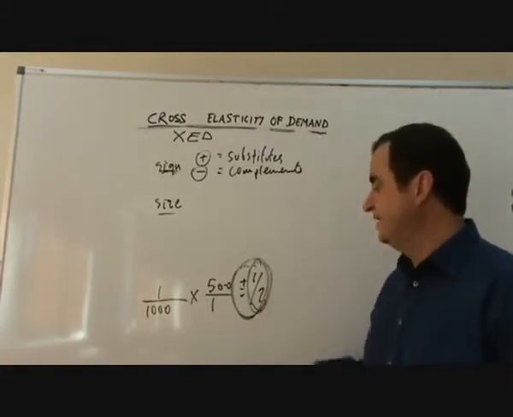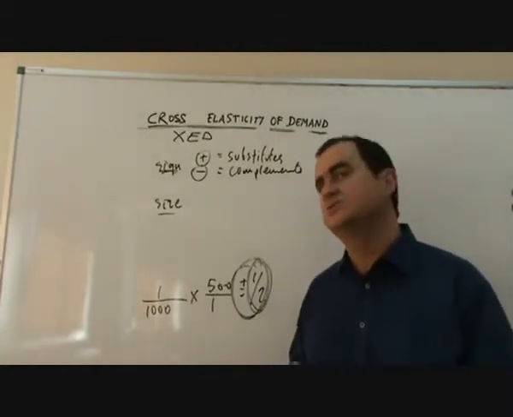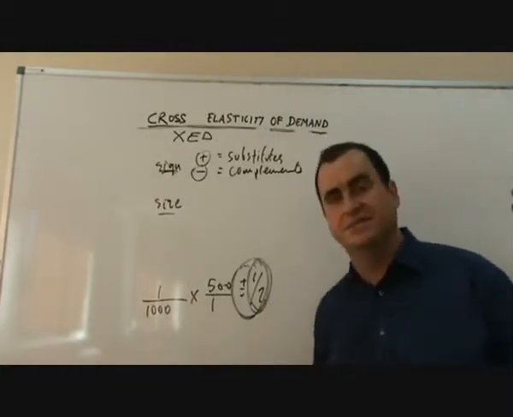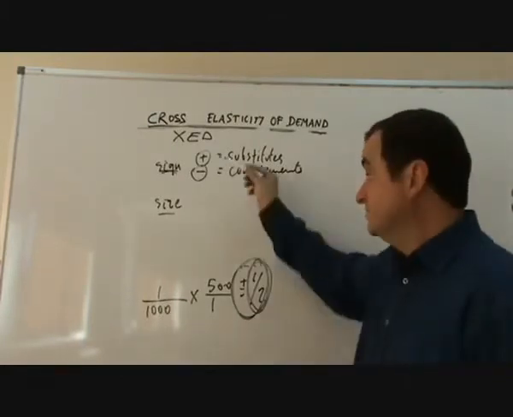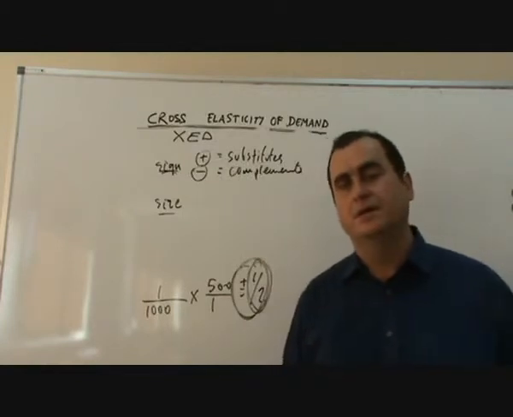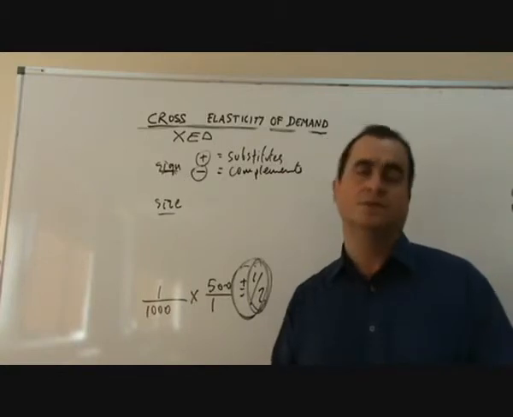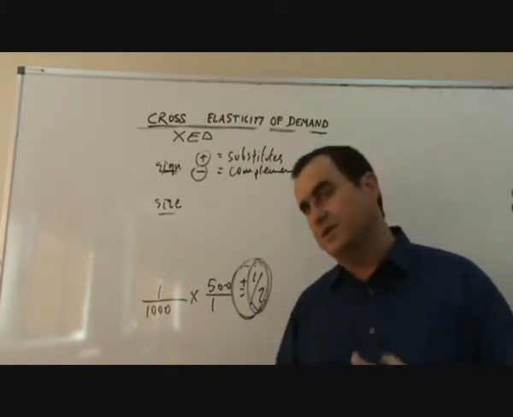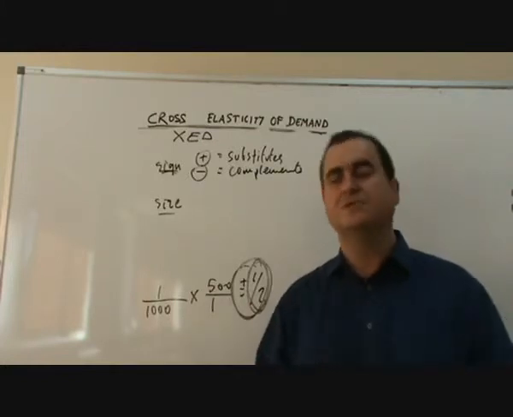Here we just say, how big is the number? Half is a medium size, quite a strong relationship. You see, the size of the number tells us about the strength of the relationship. The bigger the number, whether it's plus or minus, the closer the relationship, be it substitute or complement, between the goods. And the smaller the number, the closer to 0, the weaker is that substitute relationship or that complement relationship.